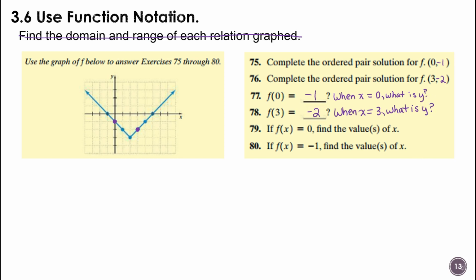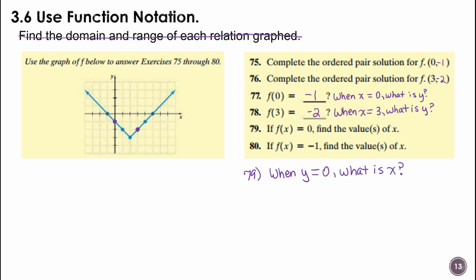Okay, next, number 79 says, if f of x equals 0, so what that means is y equals 0, what is x? I'm going to write that down here for 79. So here's what it's saying. When y equals 0, what is x?